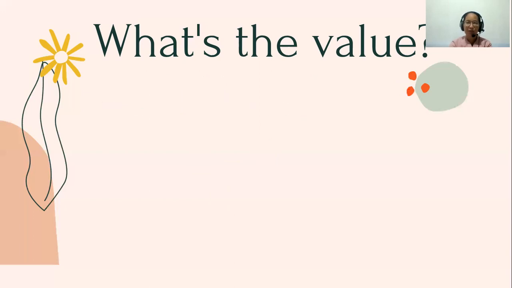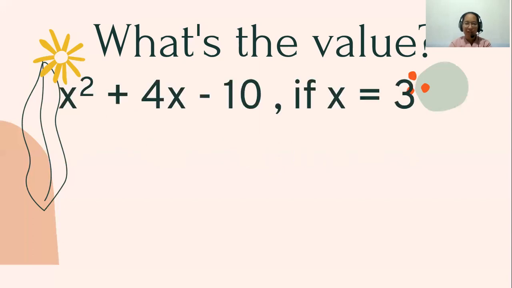Let's have the second expression. What's the value of x squared plus 4x minus 10 if x is equal to 3? Now this time, it's quite longer, but you can still use mental computation. But if not, you may use your calculator. So what's the value? Let us substitute first the value of x, which is equal to 3. Doing that, the value will be 11.